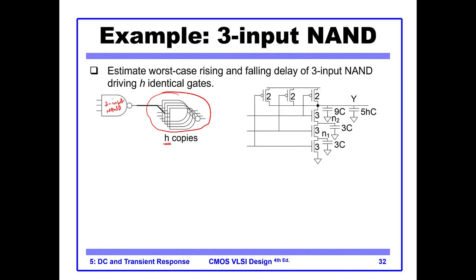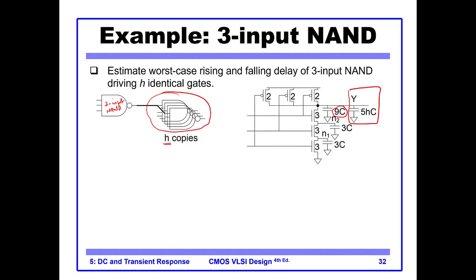So we had a capacitor of 9C at the output. Now if we are driving H copies of NAND gate, what is the equivalent capacitance that appears on the output Y?